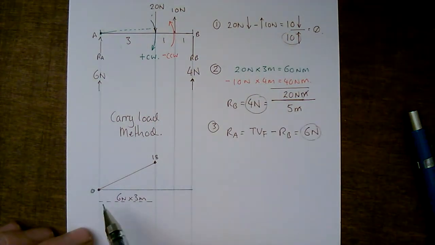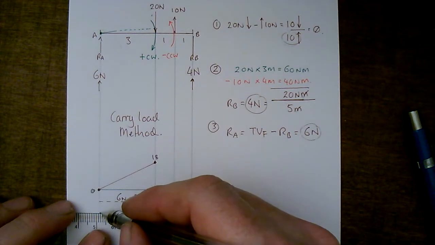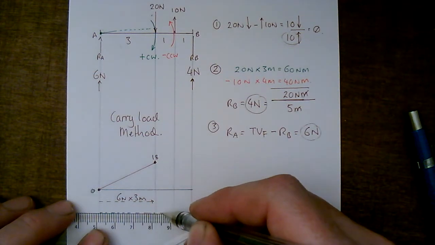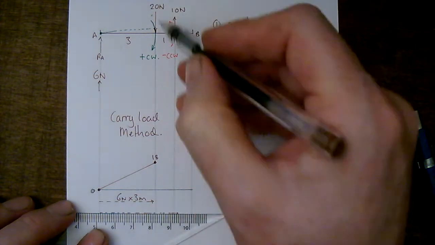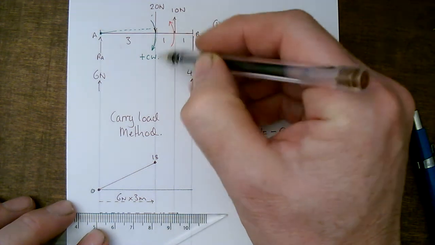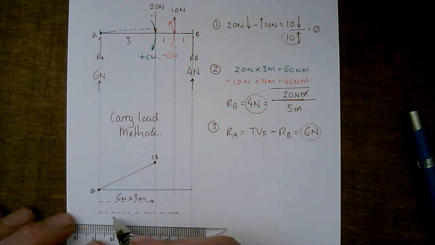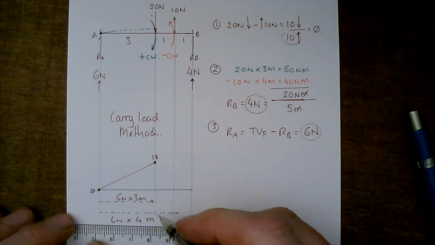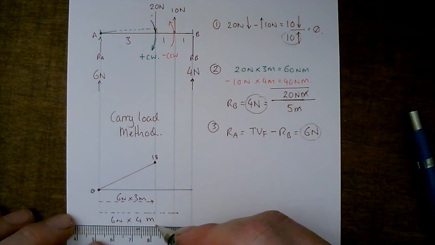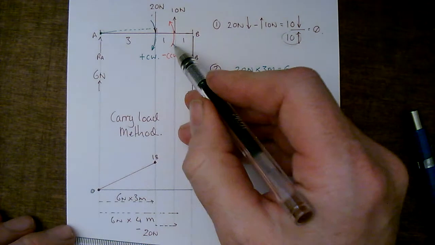Now if I follow the next step, I'm going to carry that load all the way across there, but I'm also now picking up this 20 newtons, but it's in the opposite direction. It's pushing down. So I've got 6 newtons times 4 meters, but I'm going to take away the 20 newtons over the 1 meter.